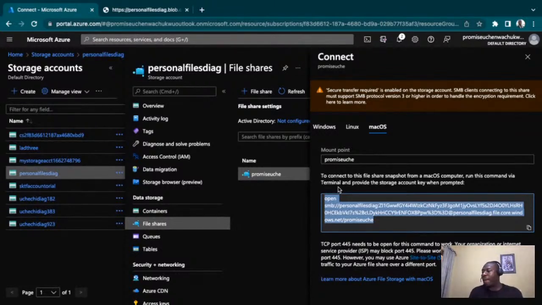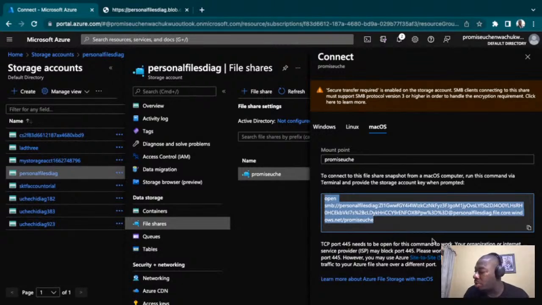When doing this, you have to take note of the following things. One of the things you need to take note of is that TCP port 445 needs to be open for this command to work. That means that on your network, or whatever is providing some form of connection between your virtual machine and Azure, you need to ensure that port 445 is open.